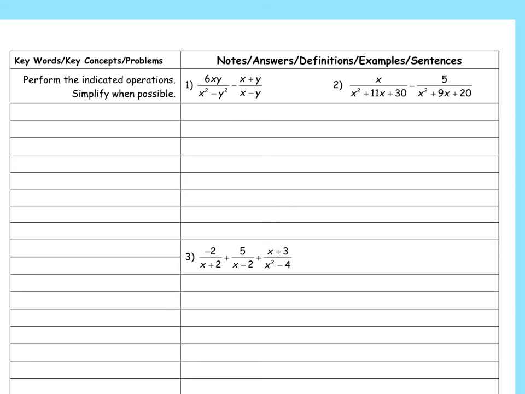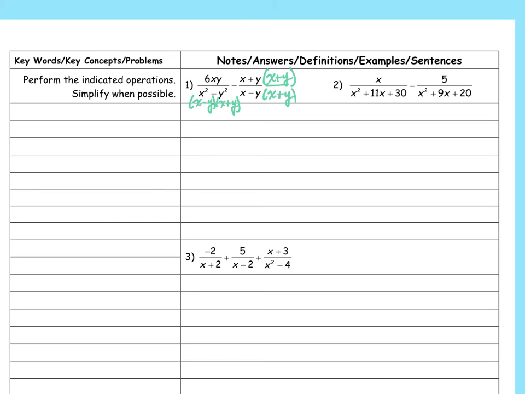Okay, so I'm going to factor this bottom one first. So this would be x minus y and x plus y. So what does this denominator need that the other one has? Nothing. What does this denominator have that this one needs is the x plus y. And then I'm going to rewrite it.